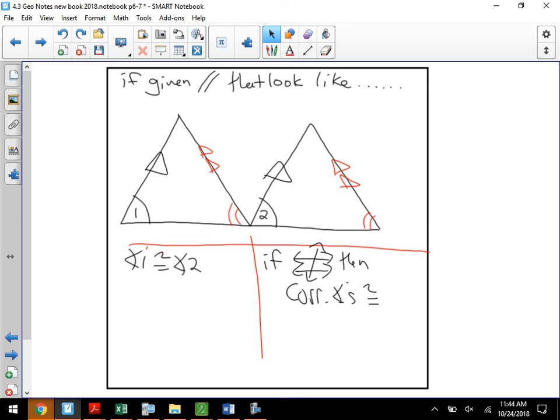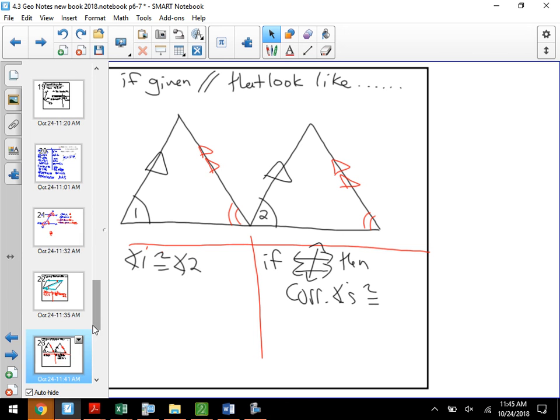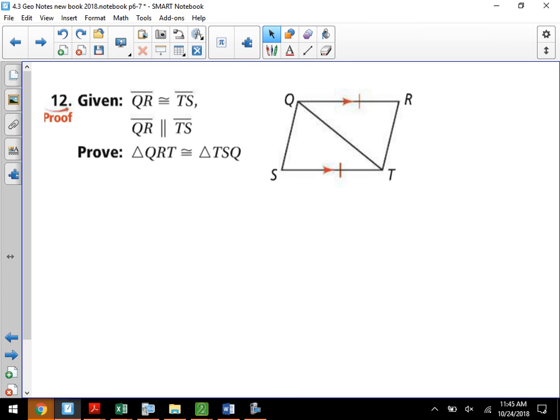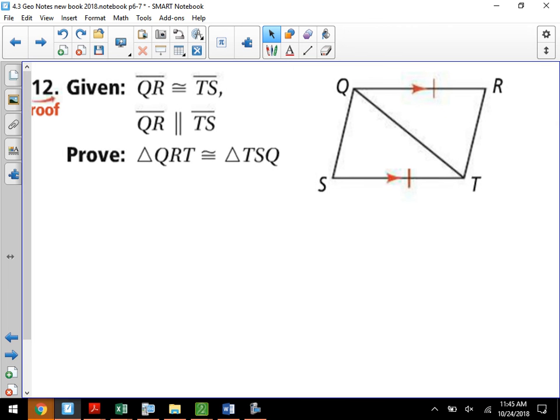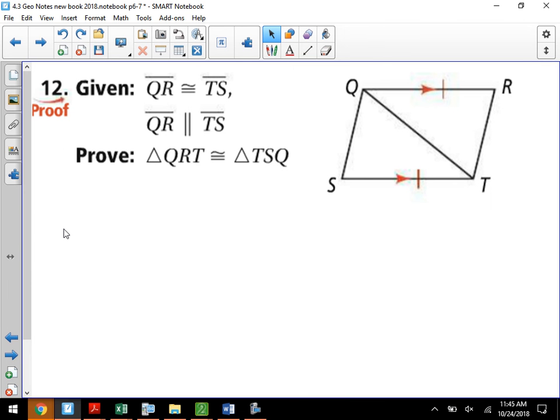So now if I go back to the problem we just started from the proof, we go back looking at here, you're given two sides that were congruent, and then you were given two sides that were parallel.